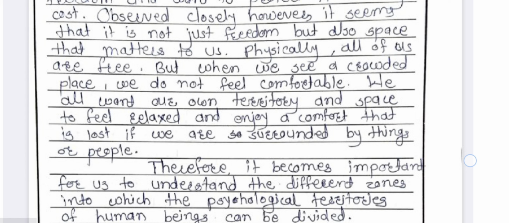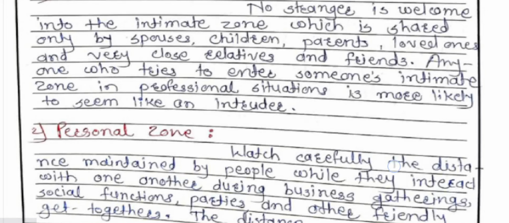We all want our own territory. It means having our own space and feeling relaxed and enjoying the comfort. That is lost if we are surrounded by these things or people. Therefore it becomes important for us to understand the different zones into which the psychological space of human beings can be divided. It's divided into four parts.